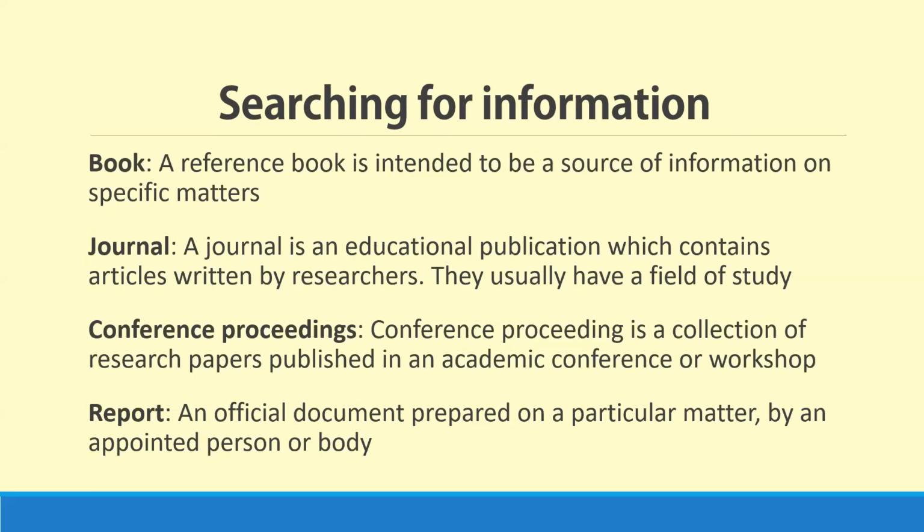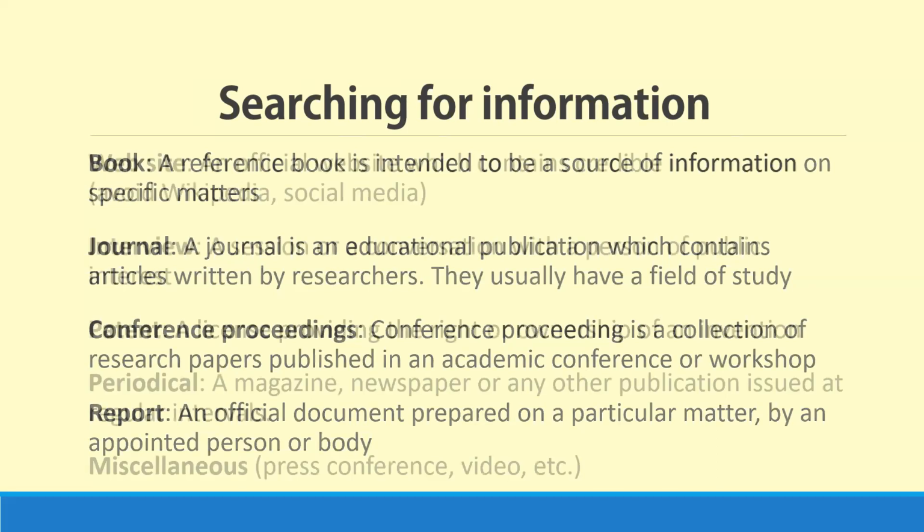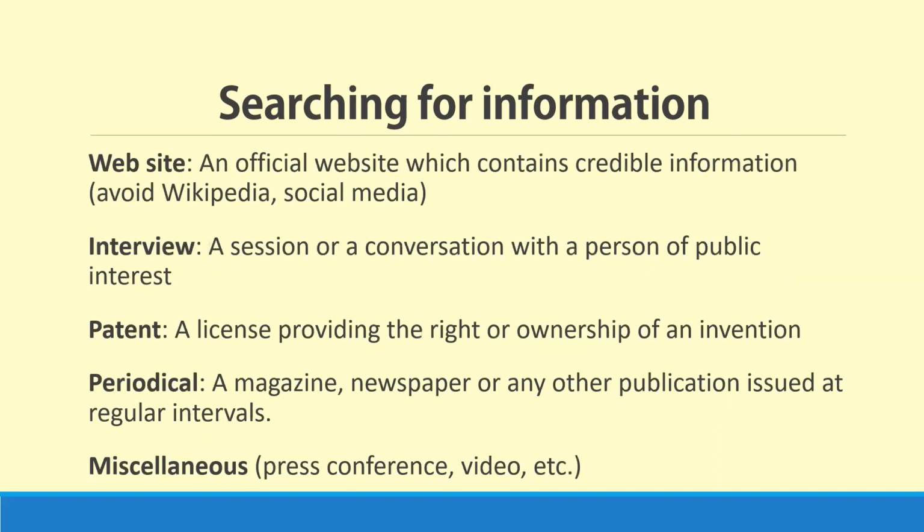Journal articles, conference articles, or conference papers are really good sources for you to get information. And any official report, annual report coming from an official body, can be referred to. Websites, again, as I told you in the previous video, don't refer to Wikipedia or social media. Any official website or any other website with some kind of credibility can be referred to.